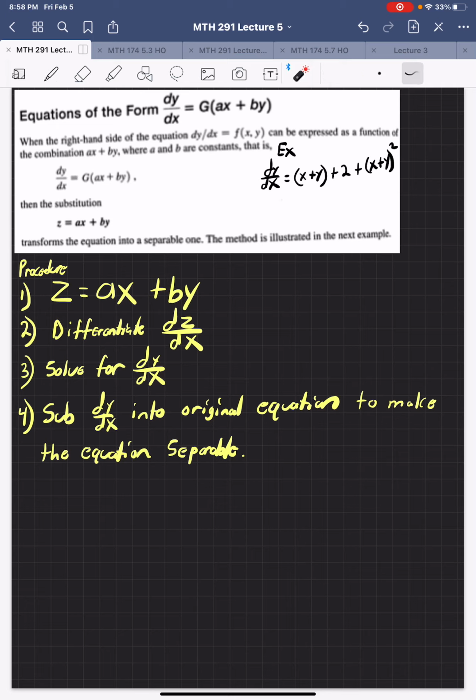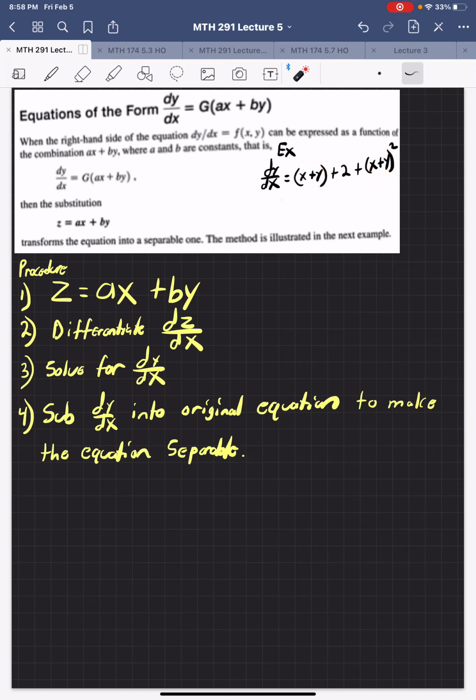So notice that in ax plus by, the a and the b are just constants. So now I have x plus y here, I have x plus y here.